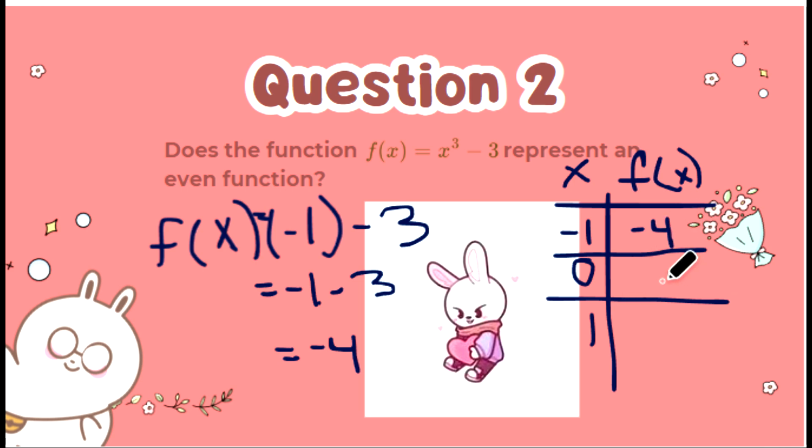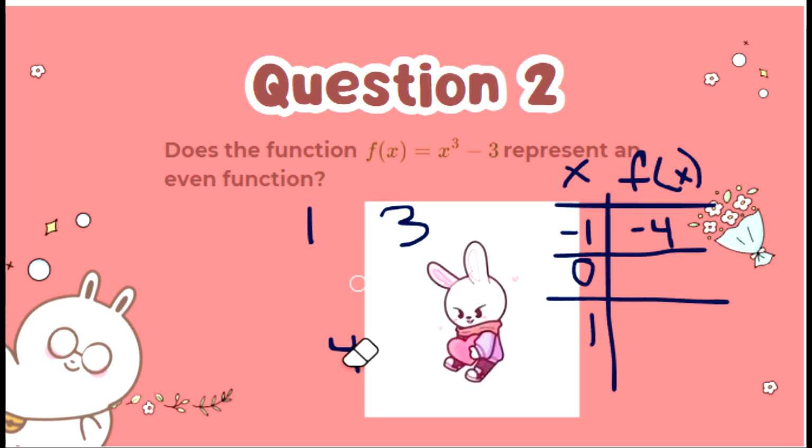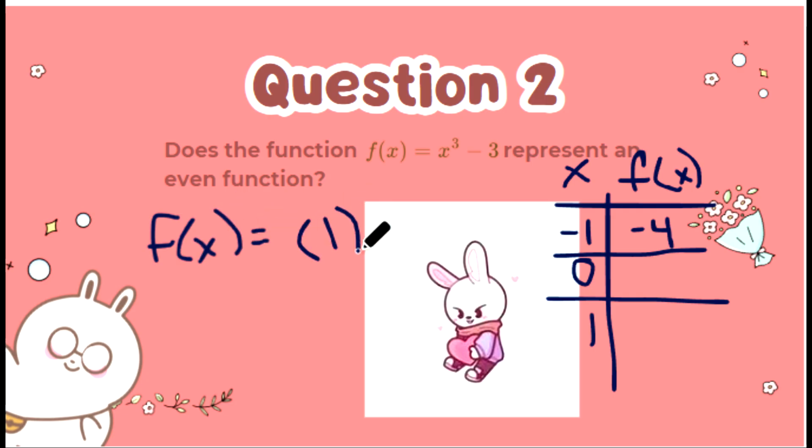We're not going to bother solving for 0 because we don't need it to be able to find out whether or not this is an even function. Let's try solving for +1. So we have f of x is equal to +1 cubed minus 3, which would give us 1 times 1 is 1, 1 times 1 is 1, 1 minus 3, and that's going to give us -2.